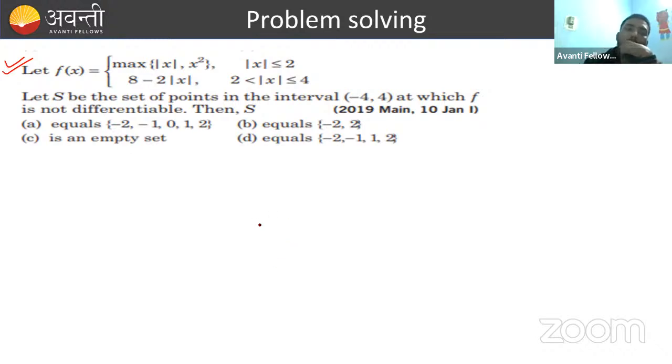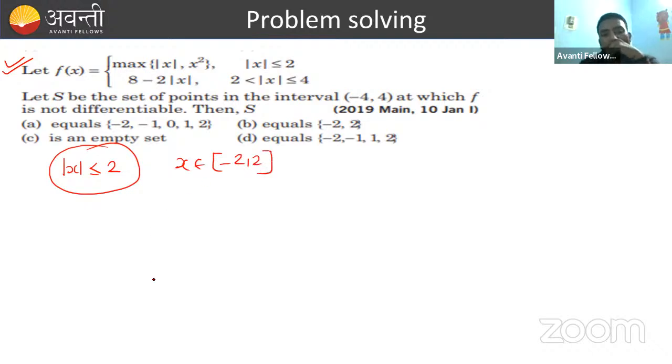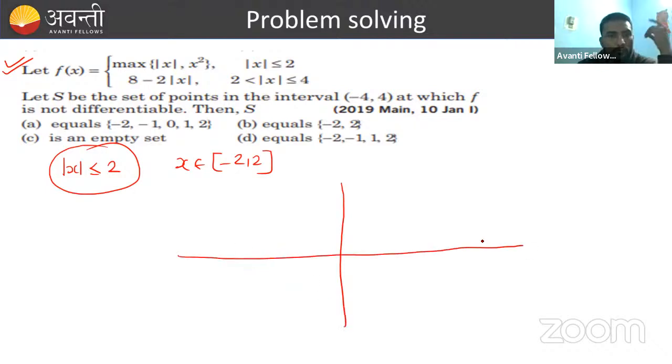Okay, so first of all, you can see we have mod x less than or equal to 2. Okay, means what? X belongs to minus 2 to 2. Okay, so in minus 2 to 2, what we have to do? Right?